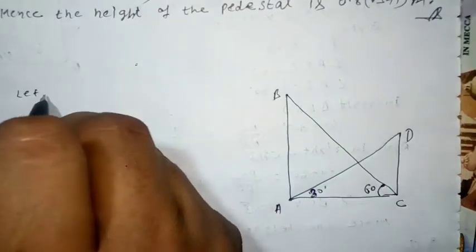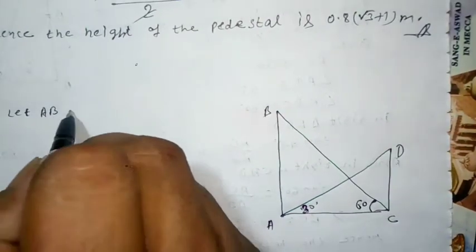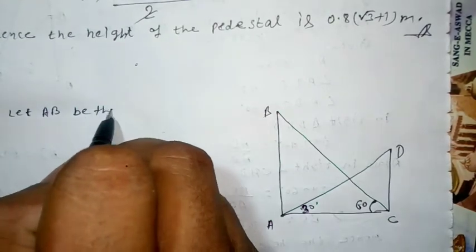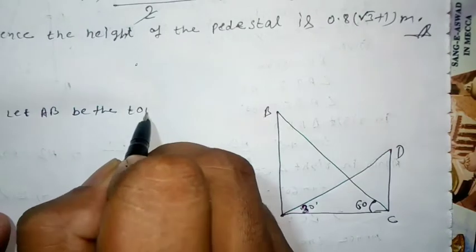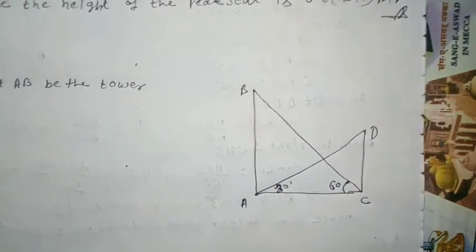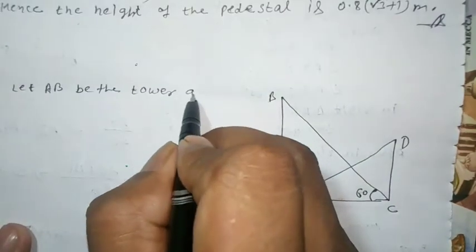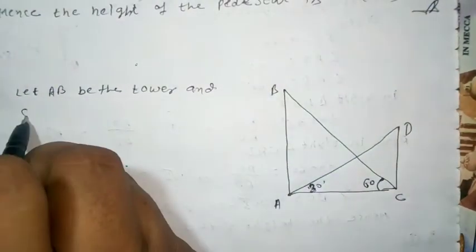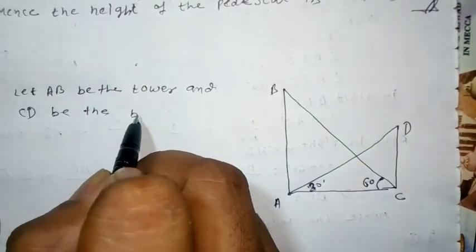Let AB be the tower. Tower is greater than building, and CD be the building.